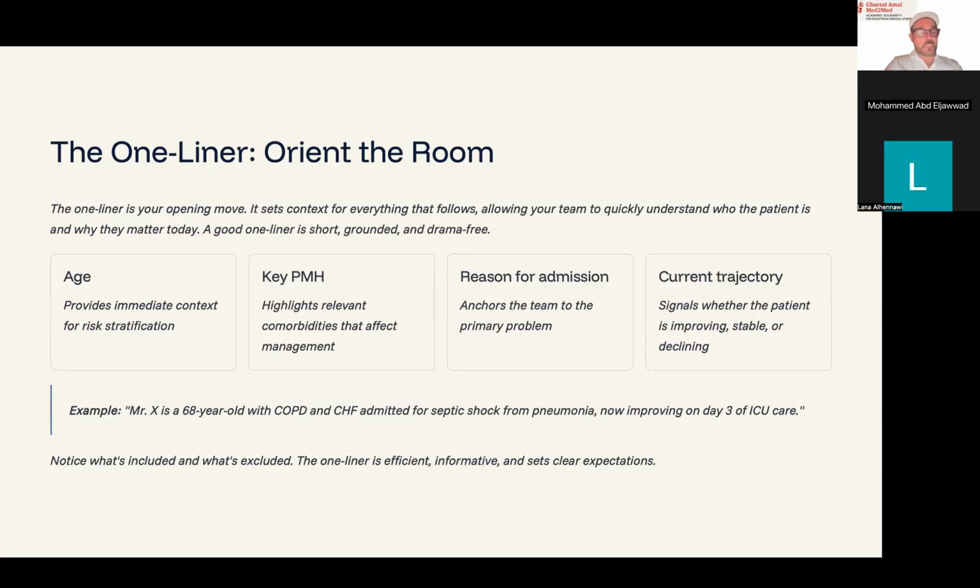So how do I start? Usually, I start with age. A patient who is young is not the same as old. Age, gender, a woman instead of a man. Ethnicity.